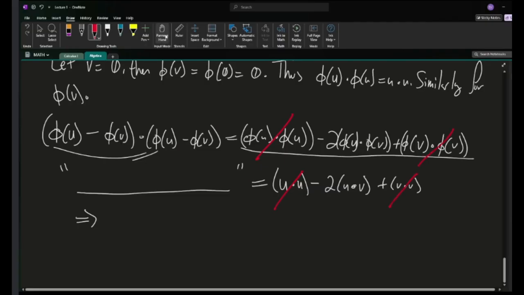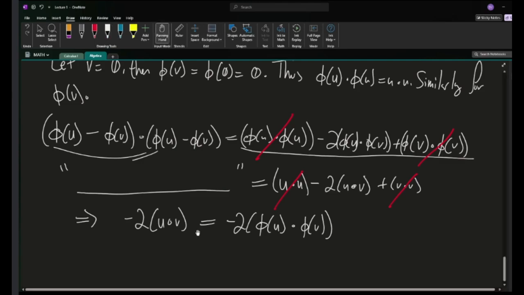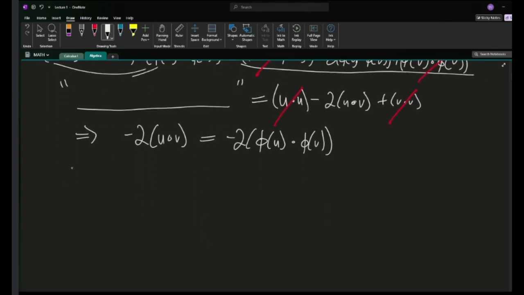We're in fact left with negative 2 u dot v is equal to negative 2 phi of u dot phi of v. Hence, it does preserve dot products. All right.